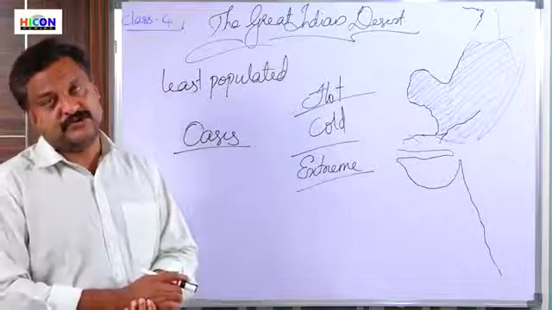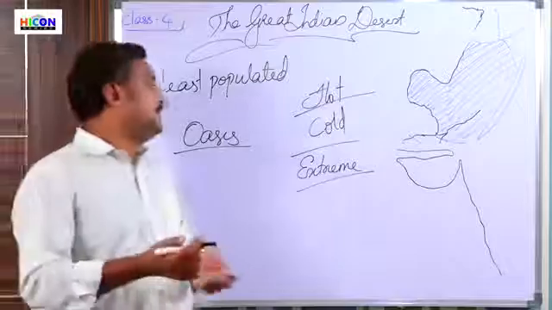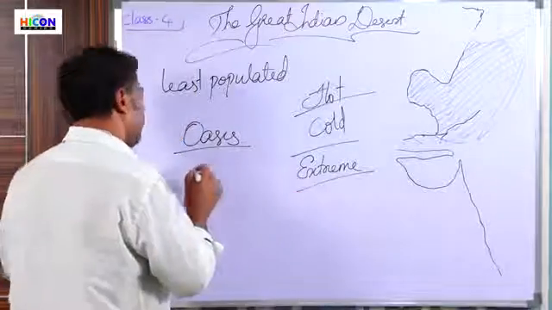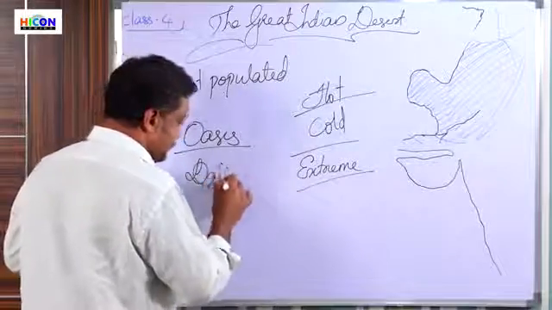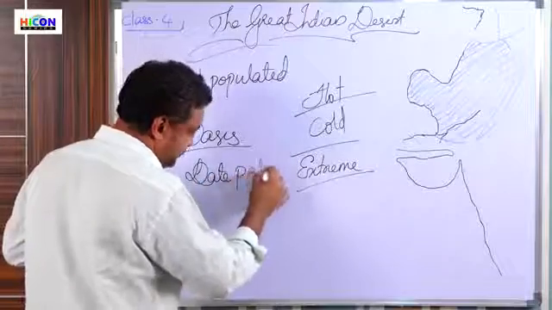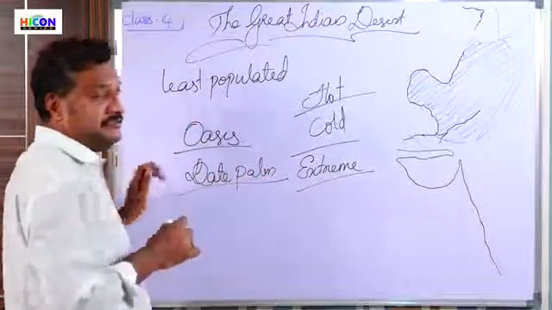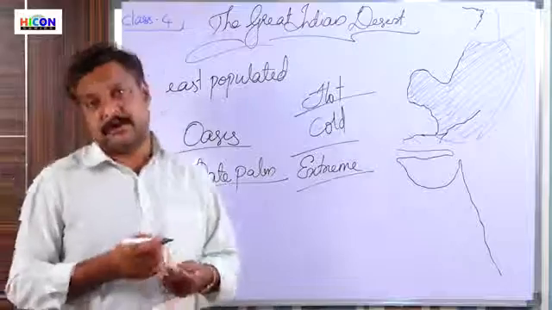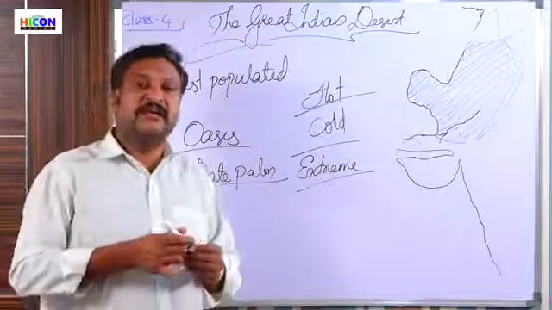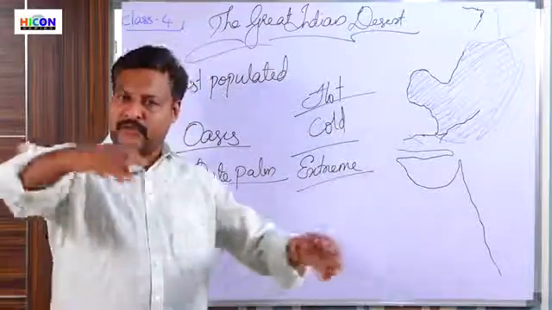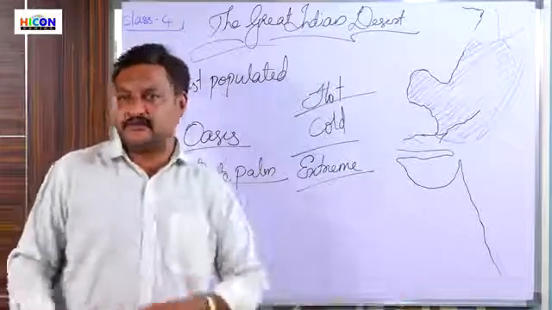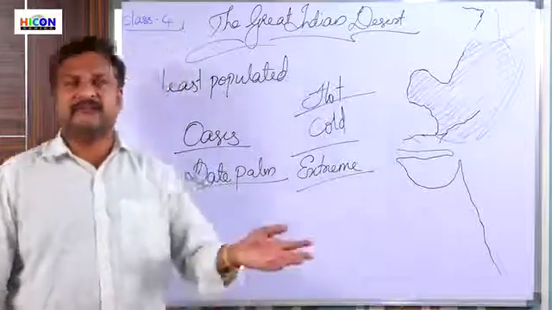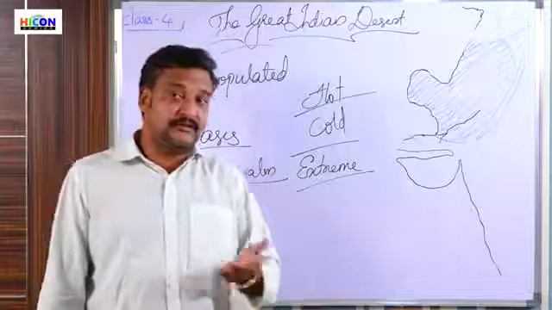Earlier there used to be only date palms. What were the major trees found in the desert region? The date palms. They were the only trees, and in the oasis region we can find some grass also. They were the common things found in the desert, nothing more than that.